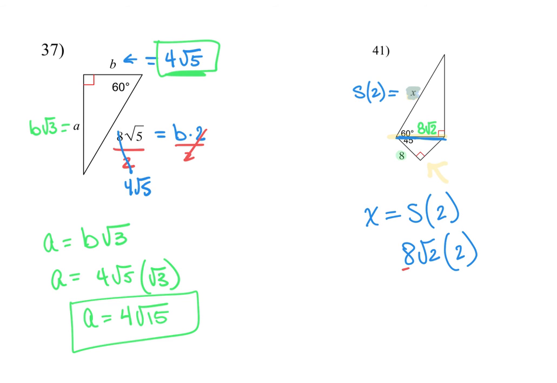Both 8 and this 2 are outside of a radical. So I'm going to say 16. And the square root of 2, inside the radical, doesn't have anything to multiply by. So my x is going to equal 16 square root of 2. And I'm done. So when they're combined like that, you're looking for the side that is in common. You're going to use that to solve for the piece they're actually asking for.